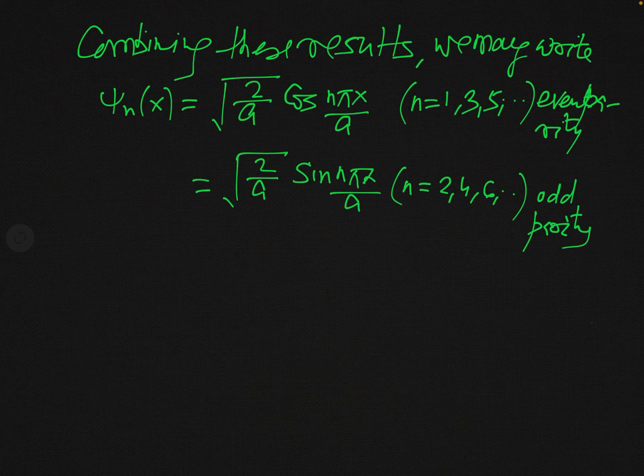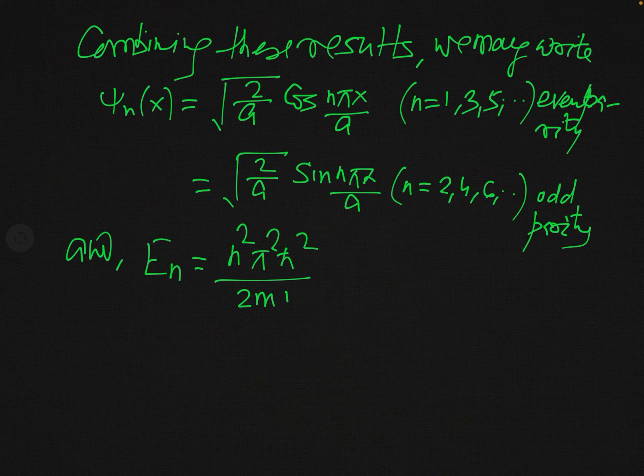And the energy eigenvalue can also be written by a single equation, and you can see this expression is exactly the same as the expression for energy eigenvalue in the case of asymmetric potential well. You can write En equal to n square pi square h bar square over 2ma square. And here n will be equal to 1, 2, 3, and so on.